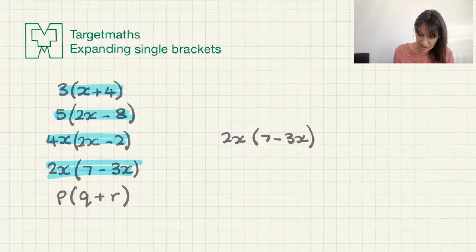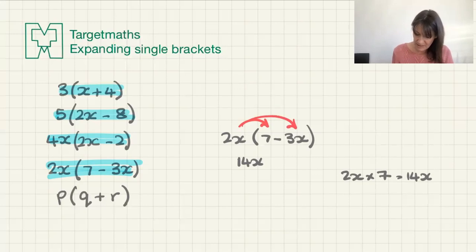So I'm not going to change anything. That's the first maths I have to do. That maths is 2x times 7. 2 sevens are 14, and I've got that x squashed in. So I've got 14x.